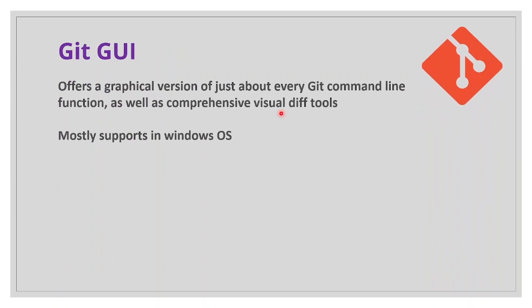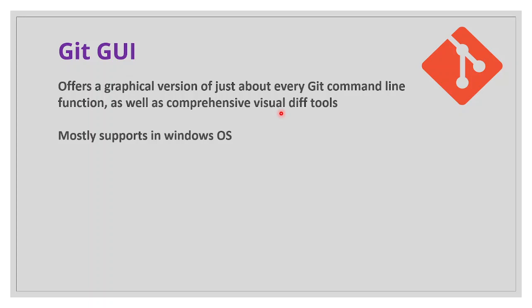And when you install Git, you will also get one more software, that is Git UI. It is a graphical version of Git. The same operations that we can perform in Git Bash can be performed in Git UI.